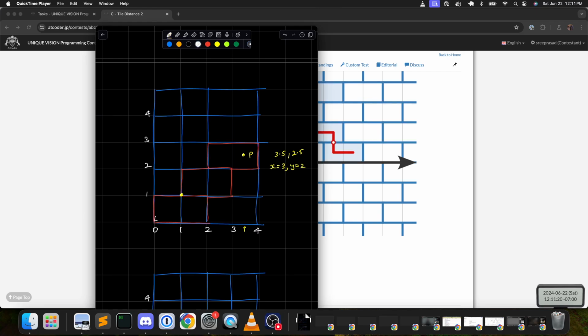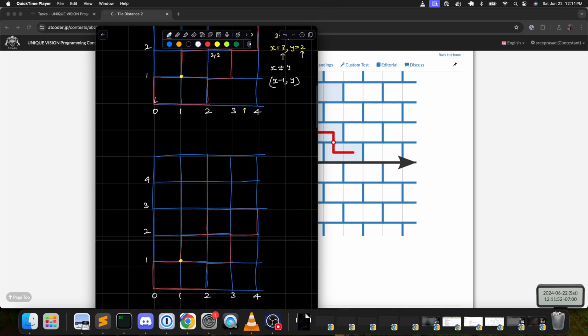Now, if x and y are not the same, the brick will start at this point. This point is basically 2, 2. So if x and y are not the same, then the brick starts at x minus 1, y. So this is the point P, which is at 3, 2. The brick starts at 2, 2.